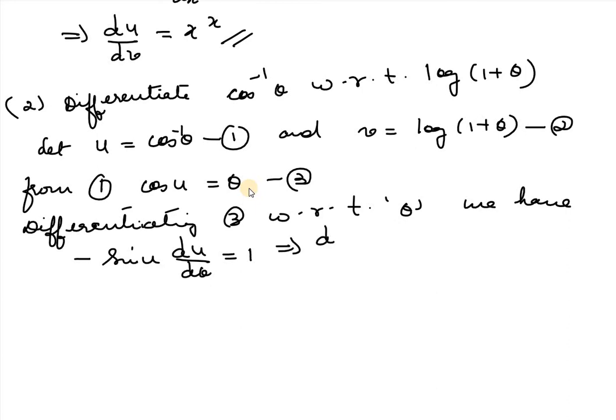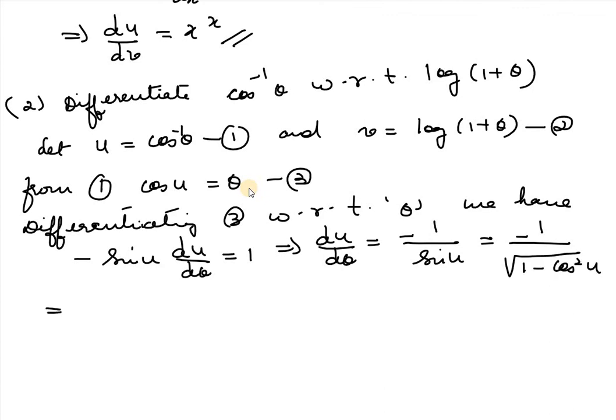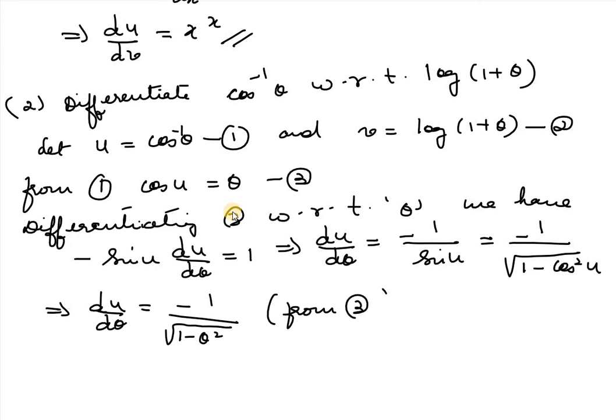This implies that du d theta is equal to minus 1 by sin u. But sin in terms of cos, it will be minus 1 by square root of 1 minus cos square u. And this implies that du d theta is equal to minus 1 by square root of 1 minus theta square, since cos u from equation 3 is theta. Name this as equation 4.